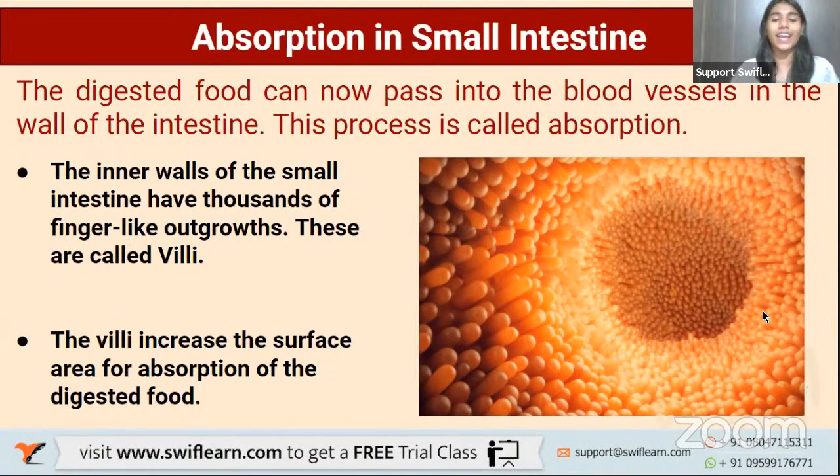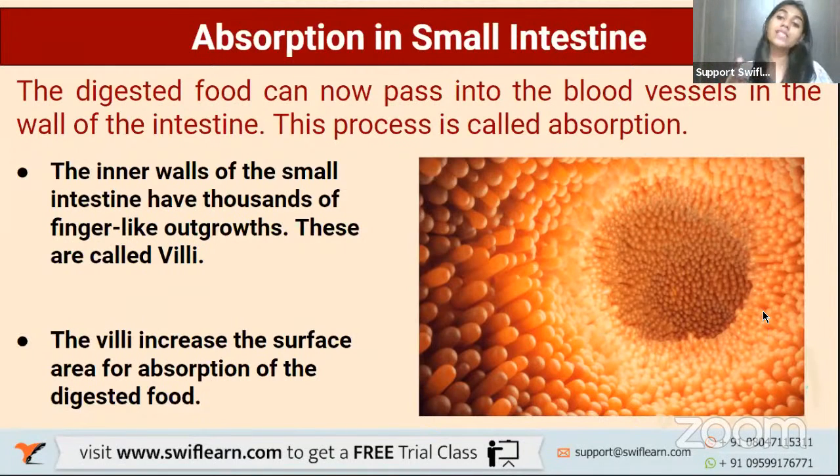Moving ahead, absorption in the small intestine. The major function of your small intestine is to absorb the nutrients, because the site for complete digestion is the small intestine. No more digestion happens after the small intestine.